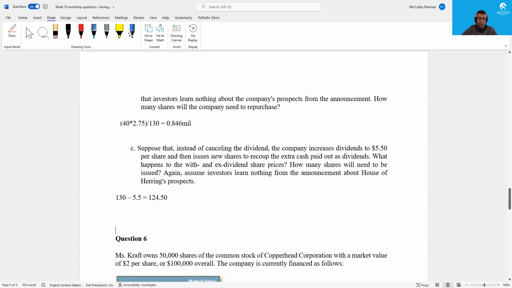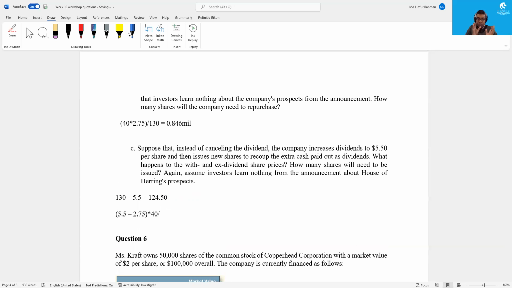Now the question is how many shares they need to issue. Now look, they are going to pay a dividend of 5.5. Their previous dividend was 2.75. So they are paying an extra dividend of this amount on 40 million shares. This is the extra dividend they will pay.